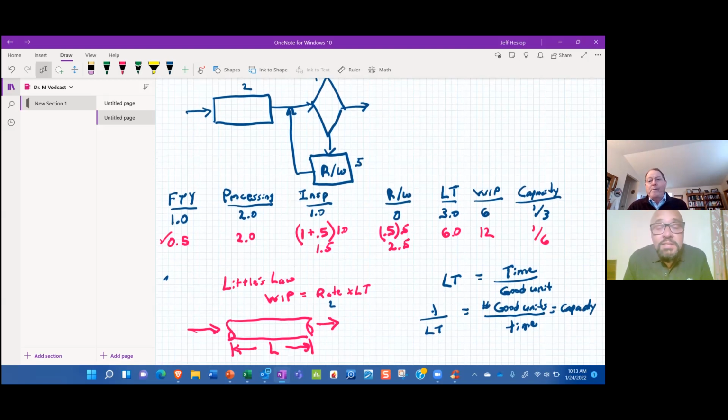I mean, I understand that in toto. Let me look at it from the TPM point of view, since I'm also a trained TPM. We calculate the overall equipment effectiveness, right? If I increase that overall equipment effectiveness by even 10% to 15%, I am increasing the internal capacity of the organization.